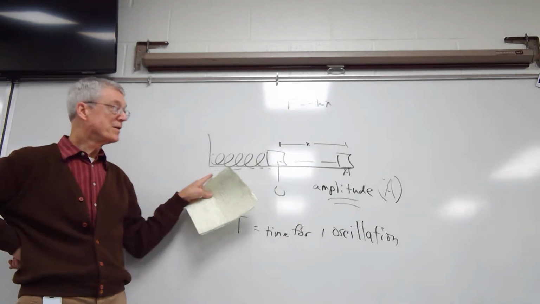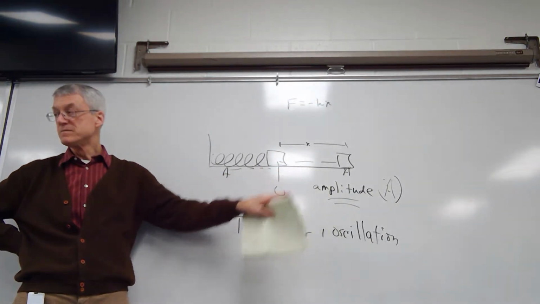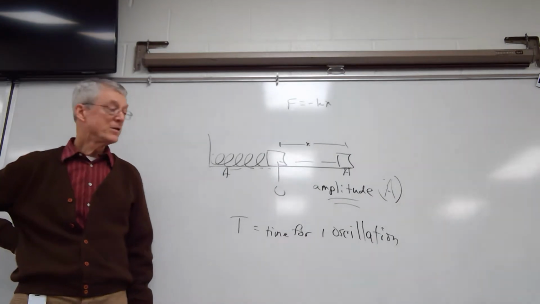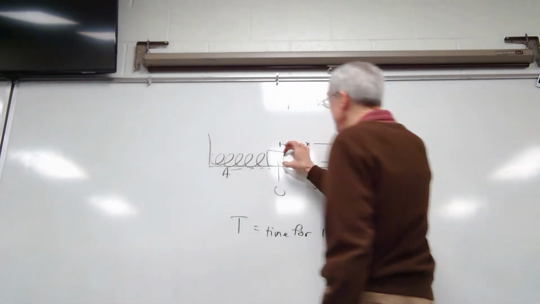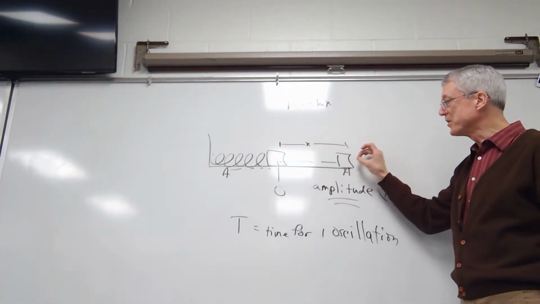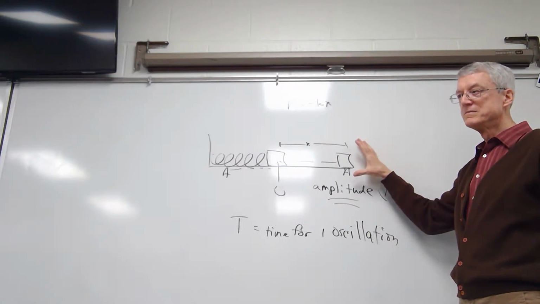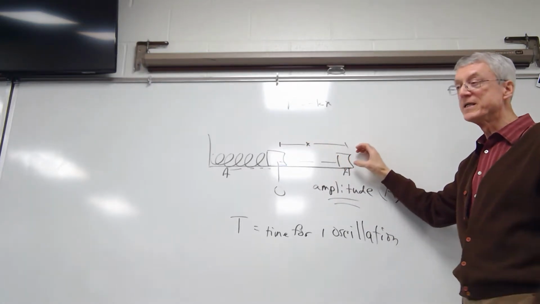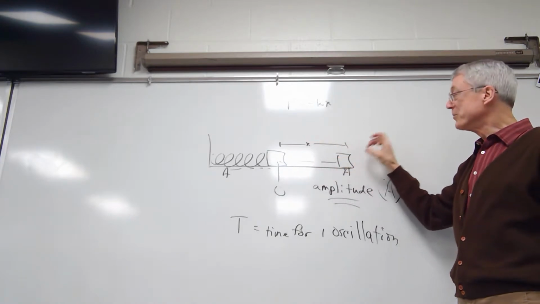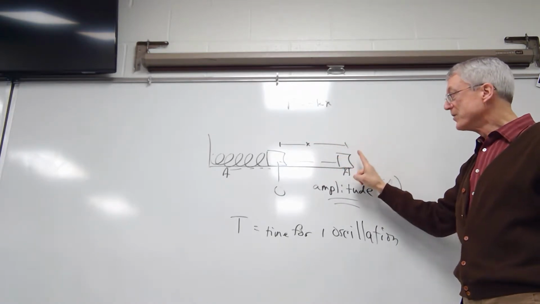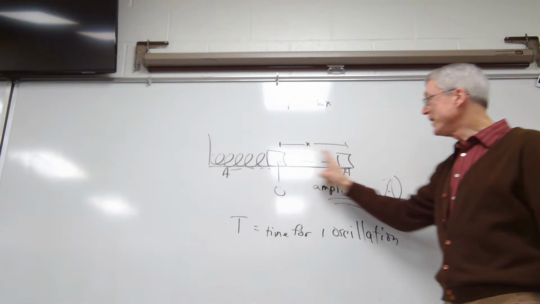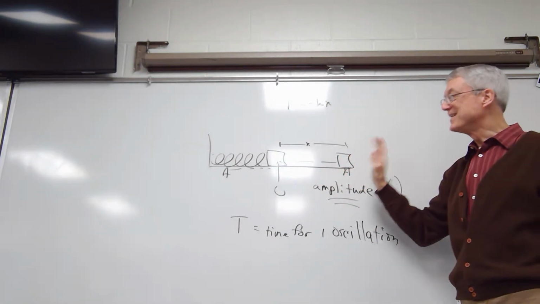So it's all the way to the left and then back to the right. But did it start from equilibrium? Well, you pull it, and the simple harmonic motion doesn't start until you let go of it over here. Because the time it took you to pull it, we don't know what that is. Maybe you pulled it real slow. But when you let go over here, it begins. So the time to go all the way over and back is one oscillation, and the time for that is the period.